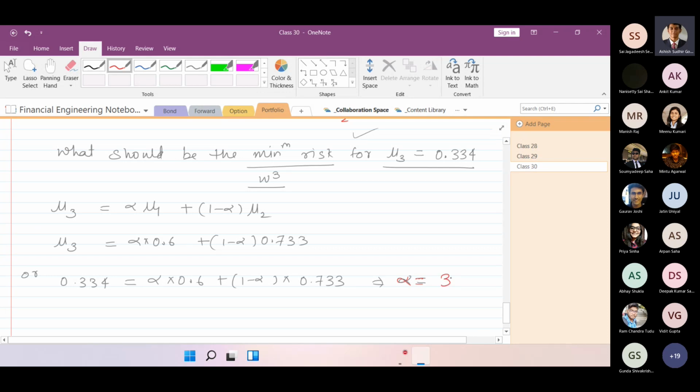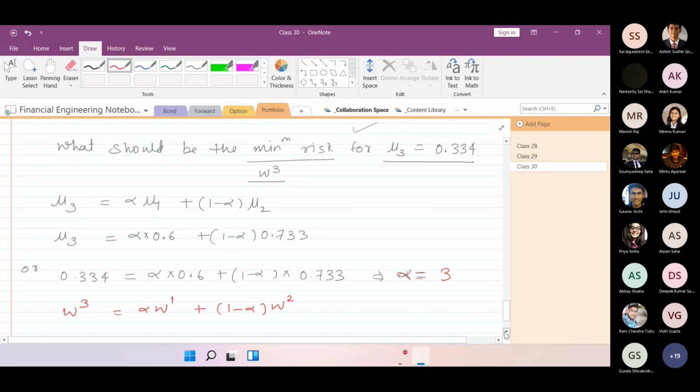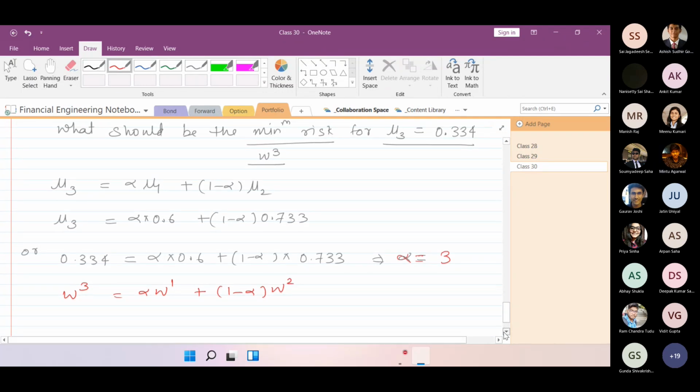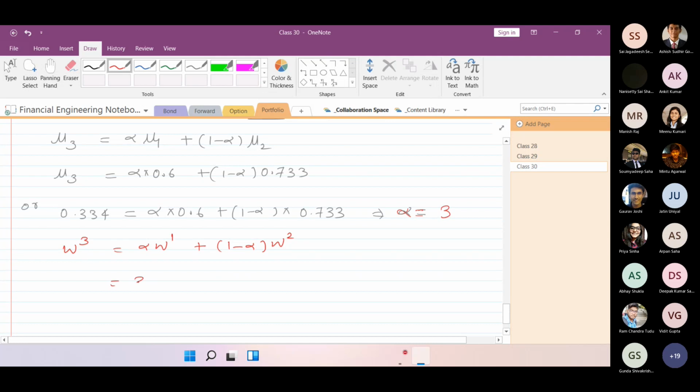Very good. So now the weight would be what? Alpha times weight 1 plus 1 minus alpha times weight 2. For weight 1 we have already calculated. Alpha is 3 times 0.5, 0.5, plus 1 minus alpha becomes minus 2 times 1 by 6, 2 by 6 and 3 by 6.